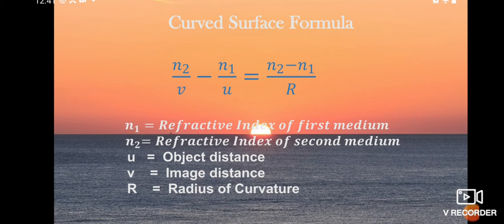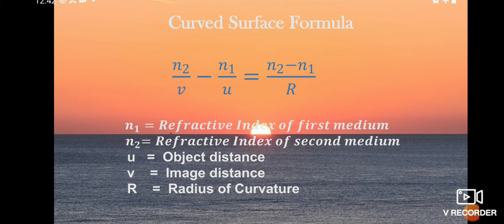Once again, N2 by V minus N1 by U is equal to N2 minus N1 by R. Here N1 is the refractive index of the first medium, N2 is the refractive index of the second medium, U is the object distance, V is the image distance, R is the radius of curvature. By using this formula we can find solutions to the problems.